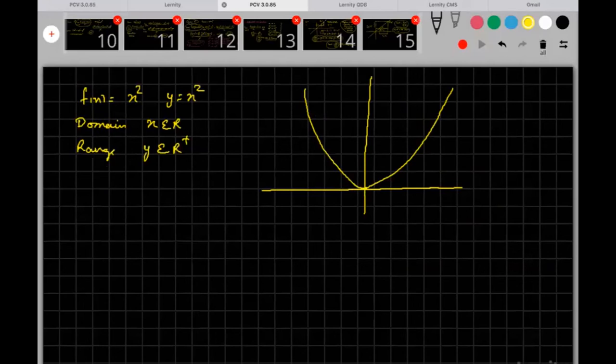Because it is x square, it will be like this. Do you understand that this side will look a mirror image of this side, with the y-axis as the mirror? Do you also understand that this is an even function, because f of minus x is equal to f of x?